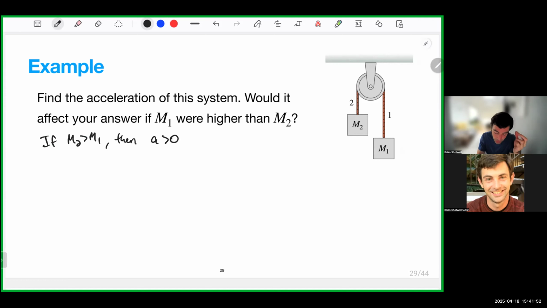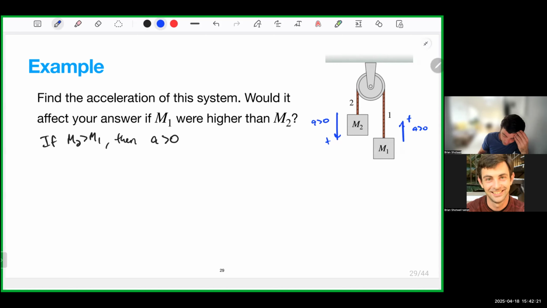Okay, so what we're doing here is we're defining the positive direction. Positive direction is going to be down for M2 and up for M1. So if M1 goes up and M2 goes down, that's positive acceleration. So if M2 is bigger than M1, then the acceleration will be positive. We'll have an answer at the end that satisfies that. But that's a choice that we're making right now in introducing the coordinate system.